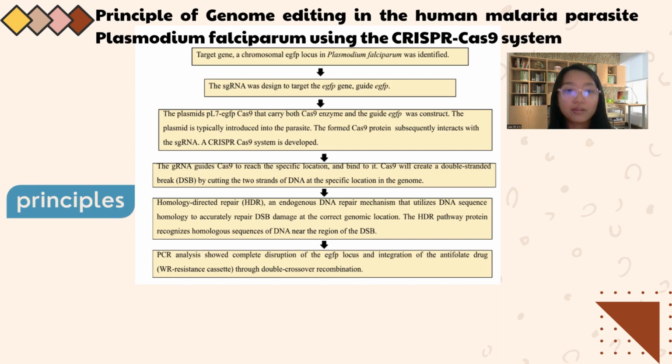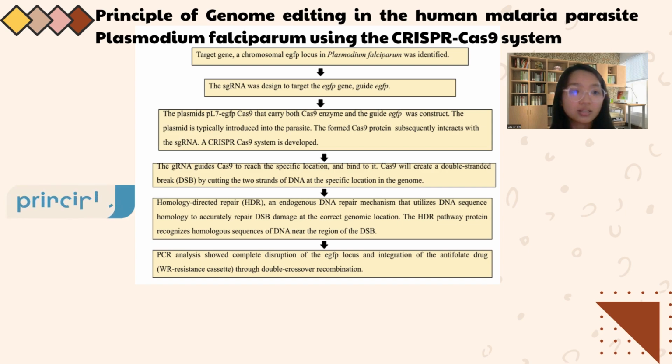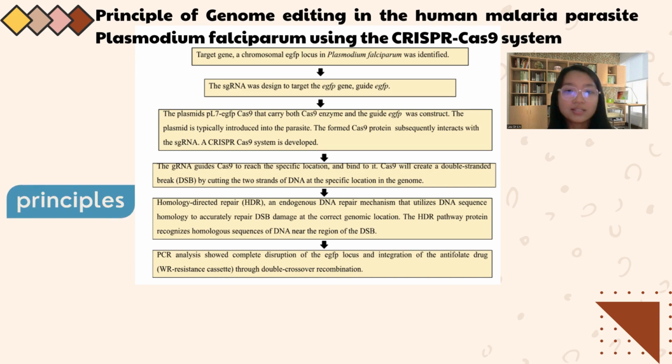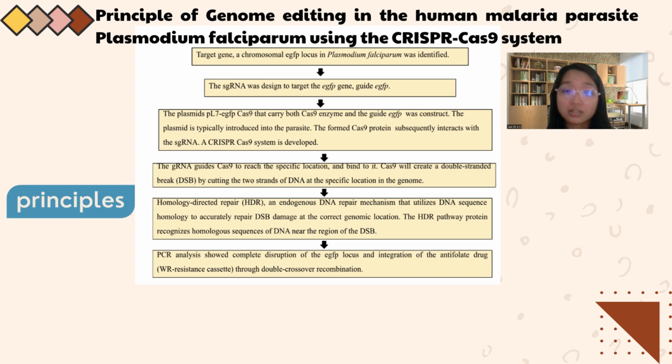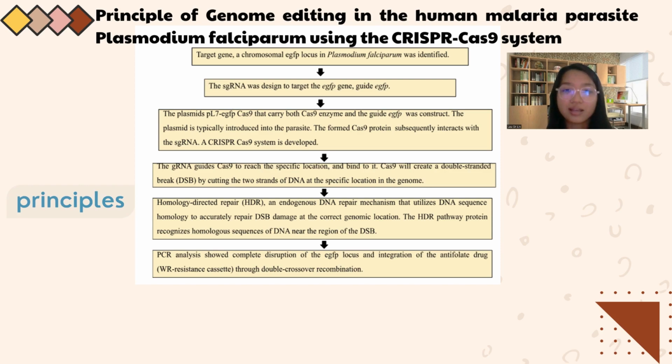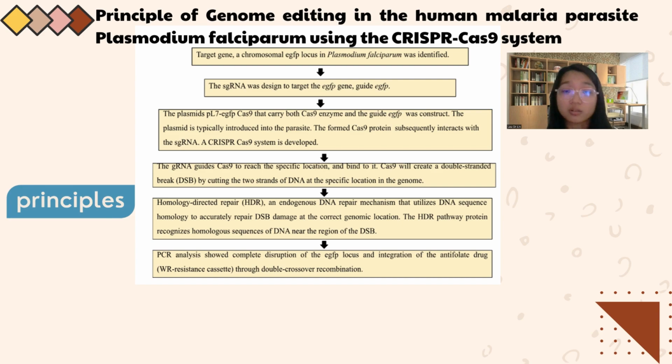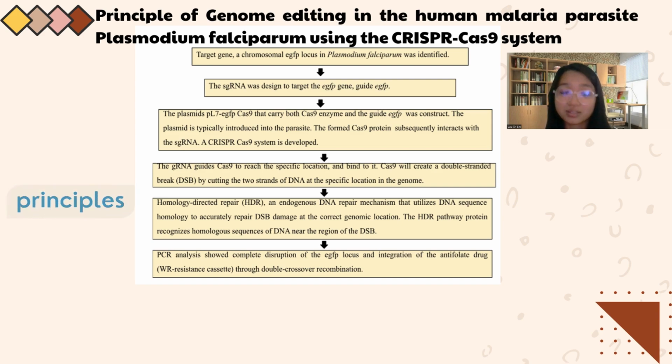The HDR pathway proteins will recognize the homologous sequence of DNA near the region of the DSB. Once the homologous repair is done, a PCR analysis is conducted to ensure that the causative agent inside the gene has been fully disrupted and eliminated, so that when people get bitten by the genetically modified mosquito, they won't get infected with the malaria disease.